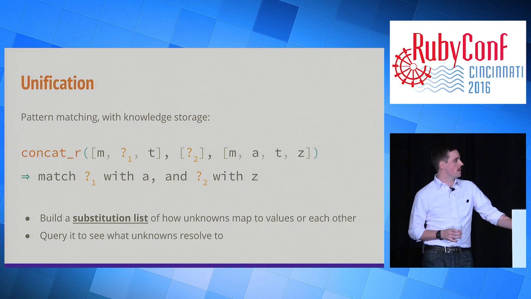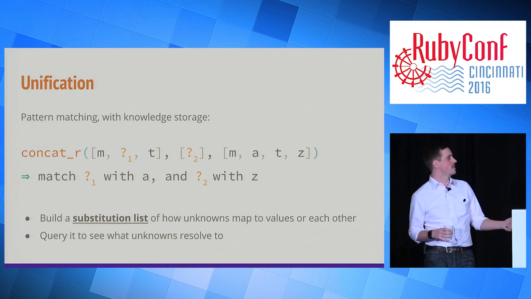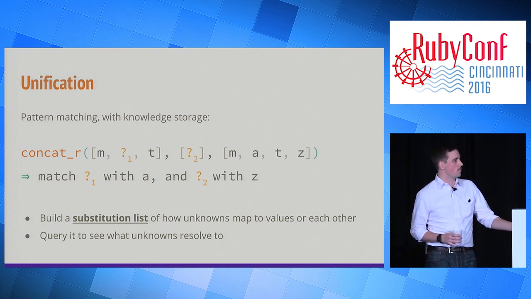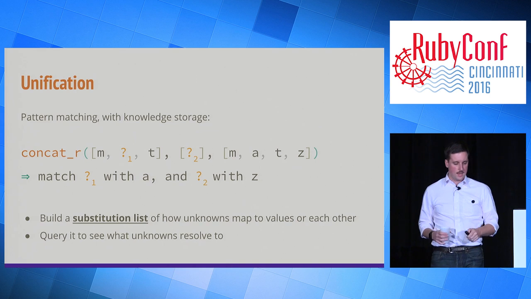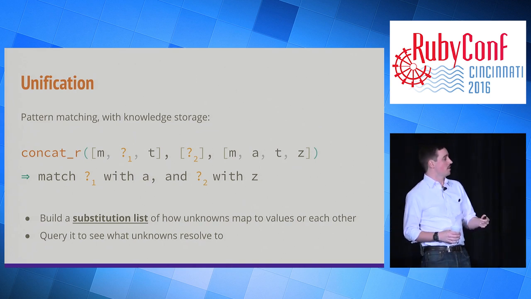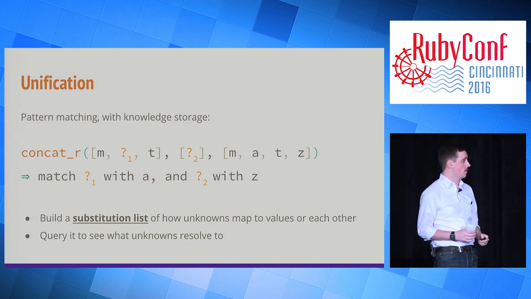If we've got these two arrays and we know we want it to look like the third one, then the unification process is going to dig into this and is going to match these question marks up with the values that they end up needing to hold. And the way it does this is it goes piece by piece, value by value through the different structures and tries to match them and builds up a store of what it knows.